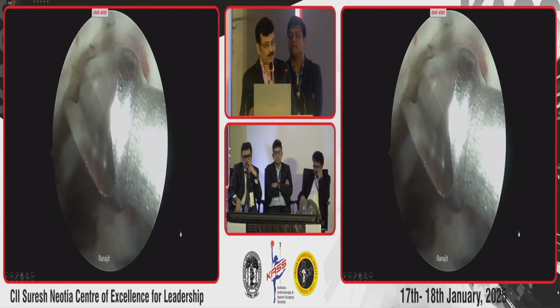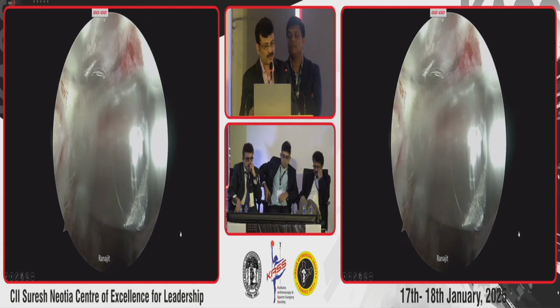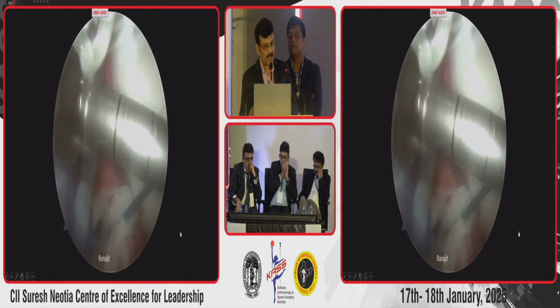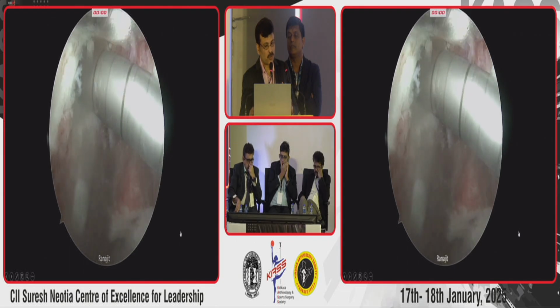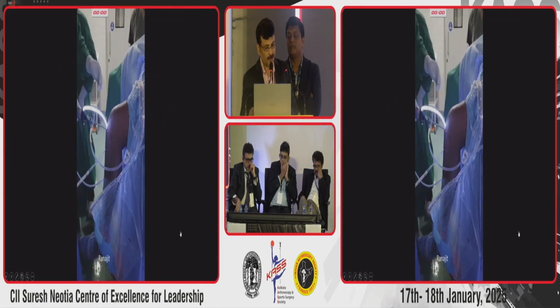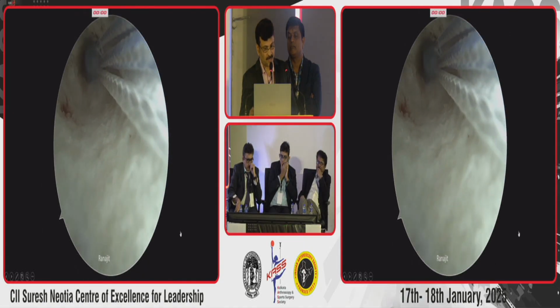Then we created the PCL femoral tunnel. You can keep the PCL tunnel reamer very close to the articular cartilage margin. Then you pass the guide wire so that you will have as close to the articular cartilage as possible. Then you ream with the 4.5 reamer, pass the suture, pass the tendon PCL graft.